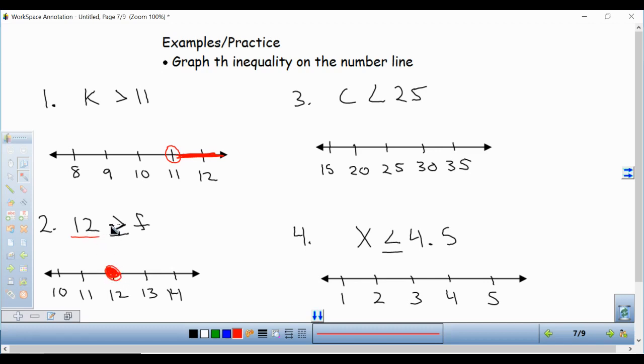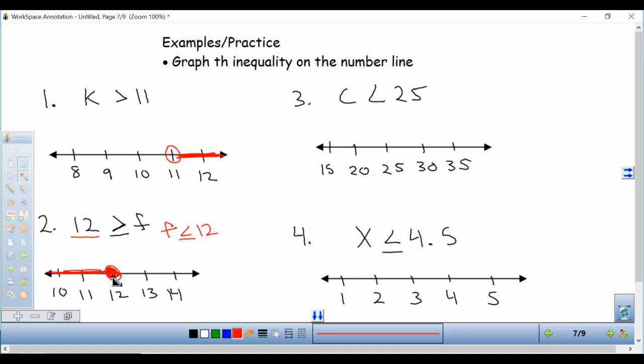And if 12 is greater than or equal to f, then that means f has to be what? Well, less. It might be easier if we flip this inequality. So f, I see that the small side is pointed to f, so I'm going to keep the small side pointed to f. And this means the same thing. F is less than or equal to 12. So I'm going to shade everything that is less than.